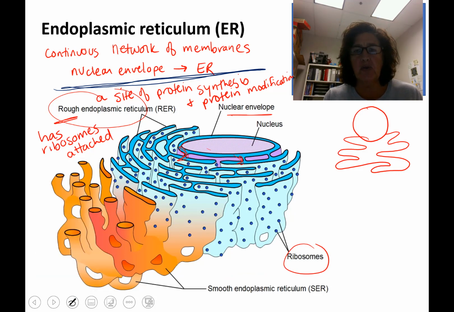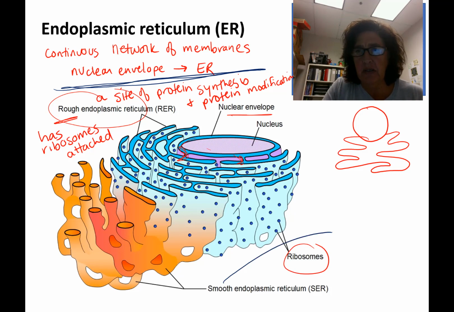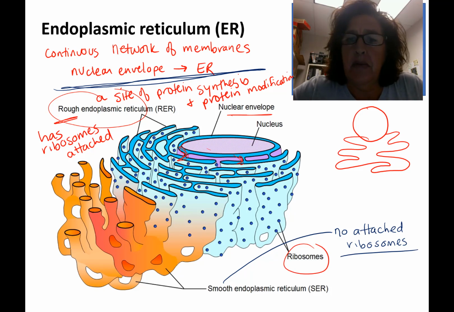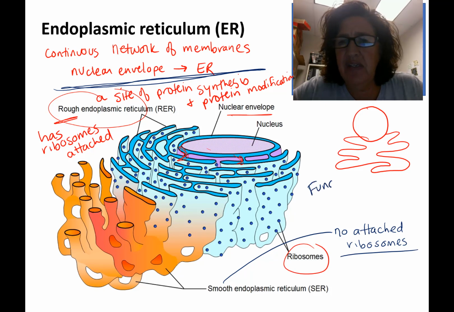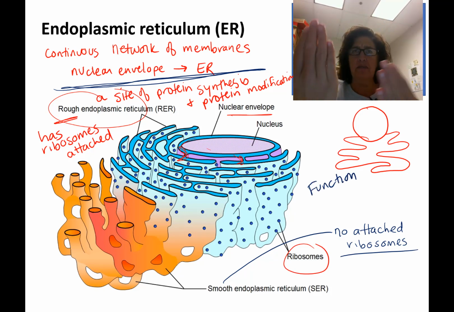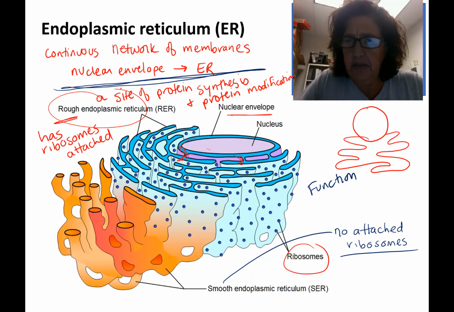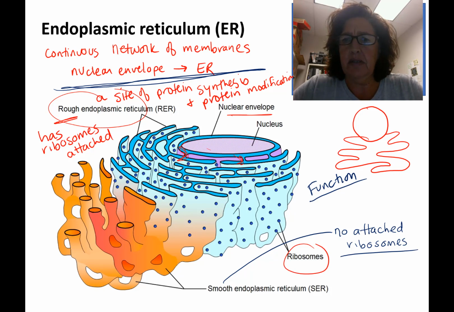Okay, so let's contrast that rough ER to the smooth ER. The smooth ER is smooth because you can see there are no attached ribosomes. The smooth ER is very important for function. Sorry, I write it aslant because my tablet's not flat, so I'm having a hard time figuring out how to write, but I'm sure by the end of the semester I'll be awesome.